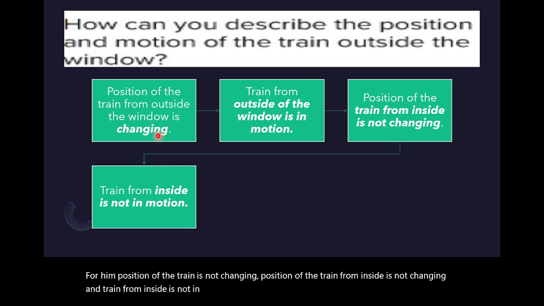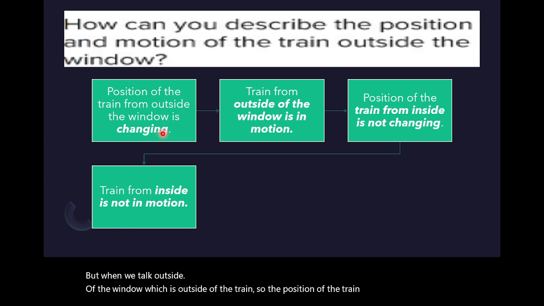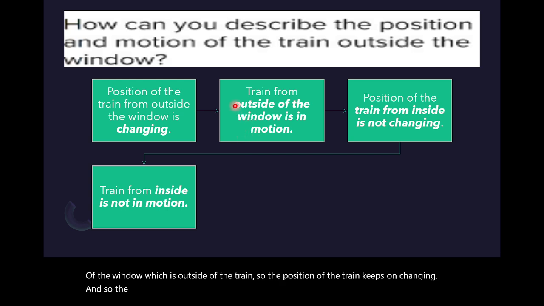But when we talk about outside of the window, which is outside of the train, the position of the train keeps on changing, and so the train will be in motion.